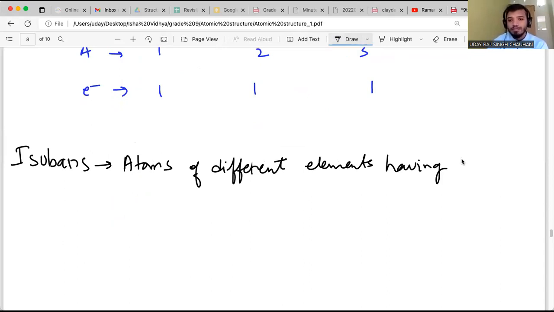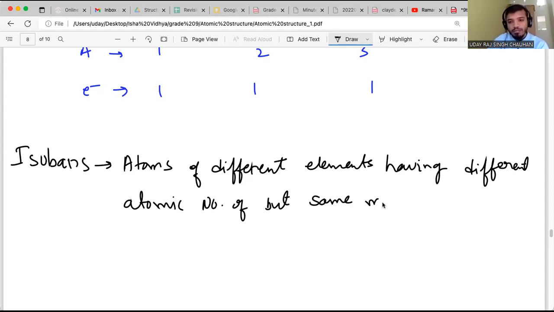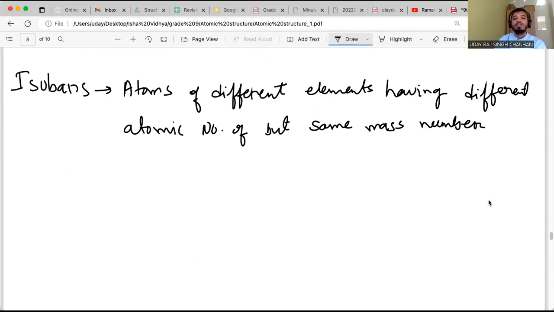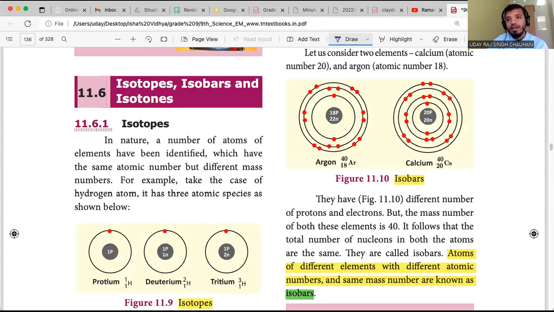If the elements are different, they will have different atomic number but the same mass number. So remember, these are atoms of different elements. Examples are argon and calcium.